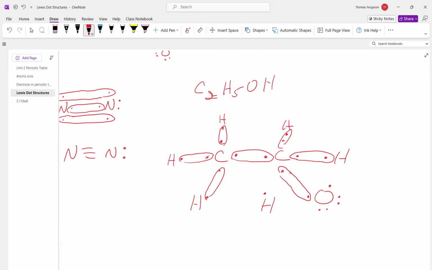And then we have a singleton left over in the oxygen, right? So what we're going to do is move the hydrogen over to the other side of the oxygen. There. Now, do we have any singletons left over? No.